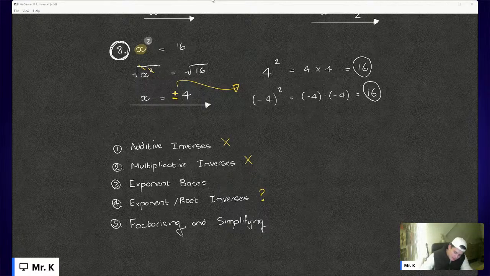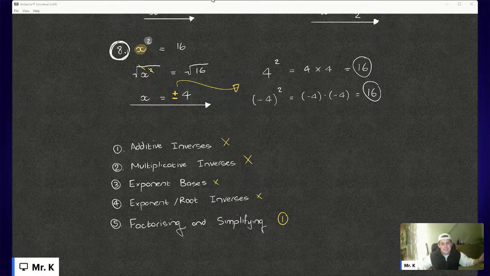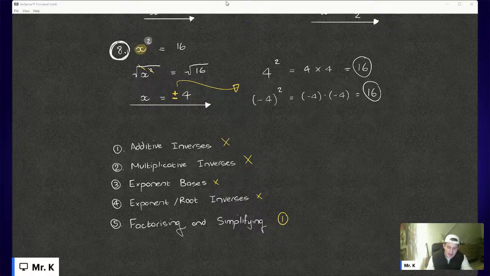Maybe if I have no adding, subtracting, multiplying, dividing, roots, or exponents, I first need to go about factorizing something so that I can cancel brackets, right?